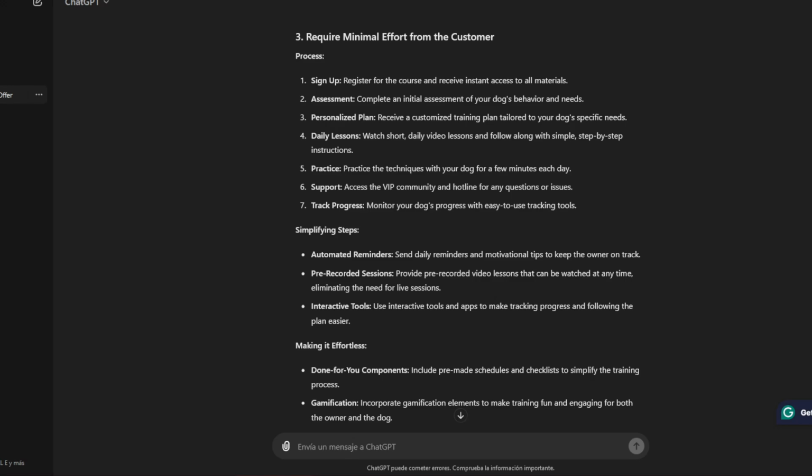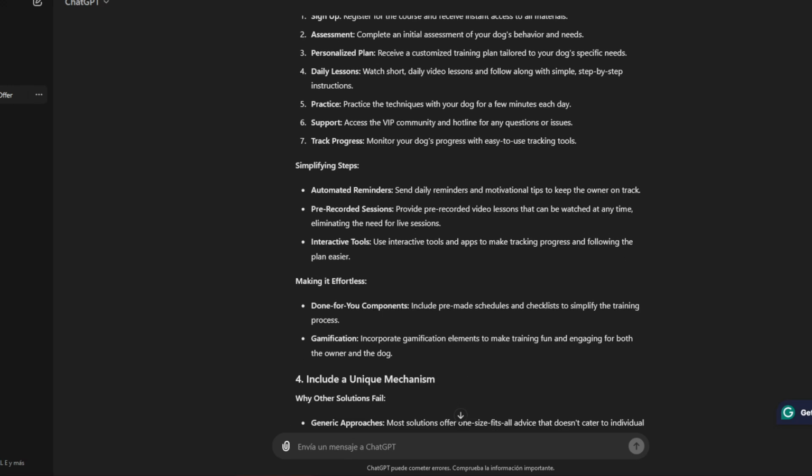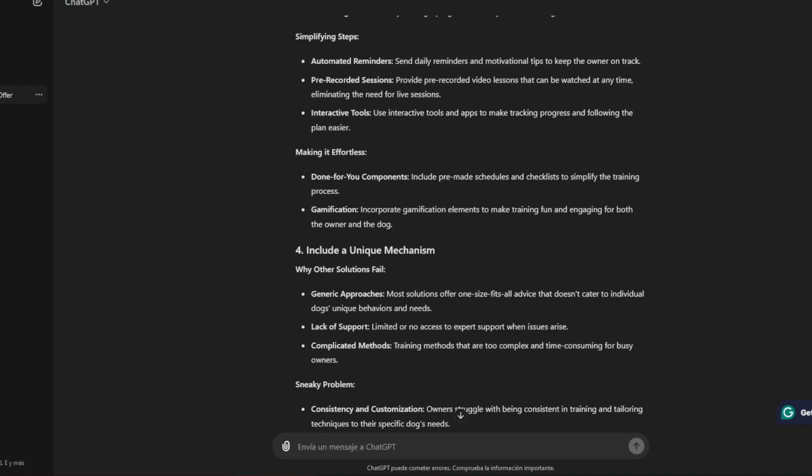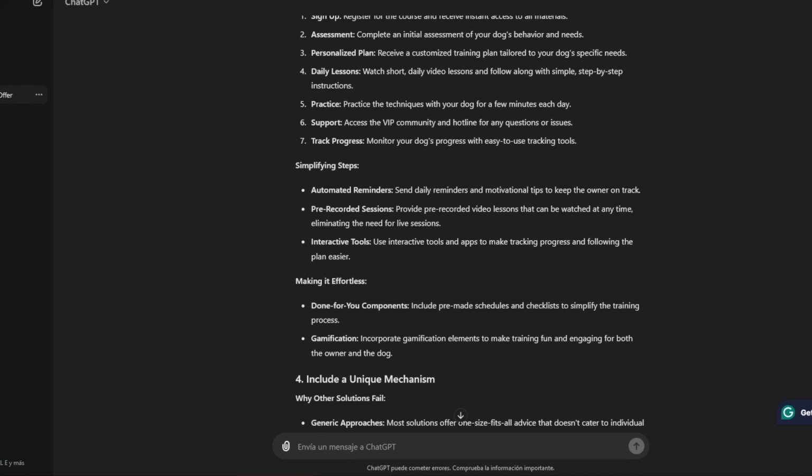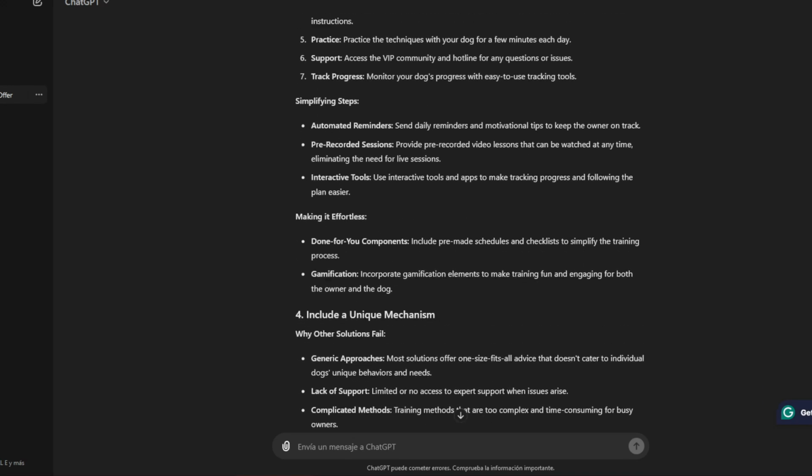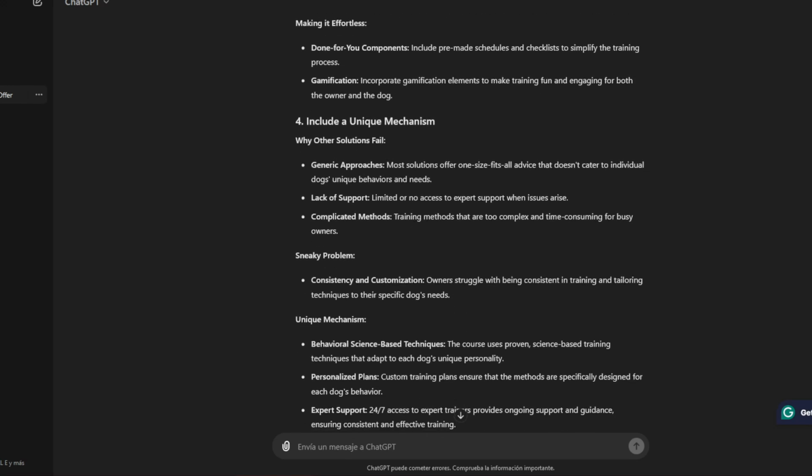The next section is going to give you more clarity on your process, and if there is something you could simplify, and something you could use to make it even more effortless. Again, maybe you can implement some of this, maybe you can't. Then we have ideas for the unique mechanism.